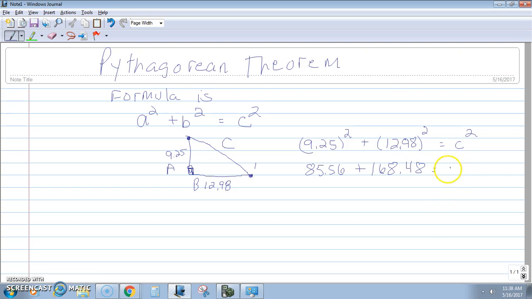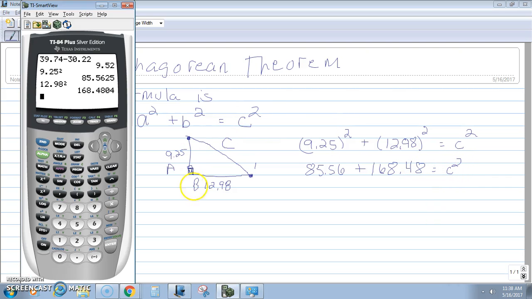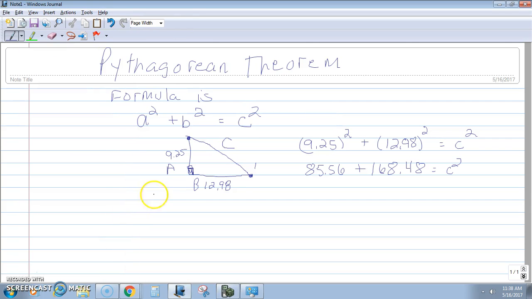Okay, so then I'm going to add those two numbers together. And I get 254.04 equals C squared.